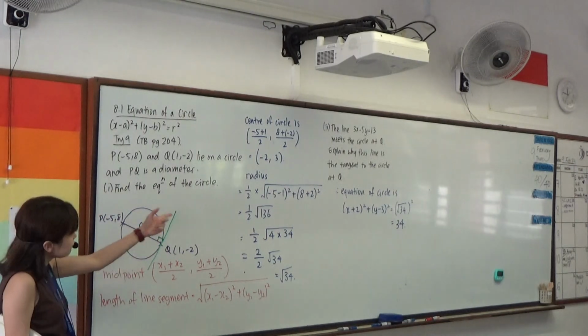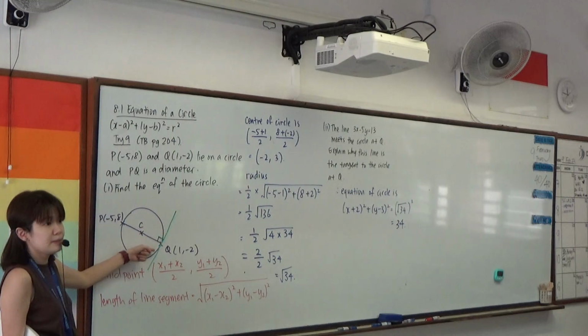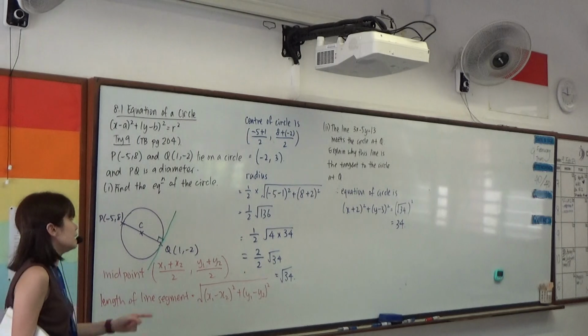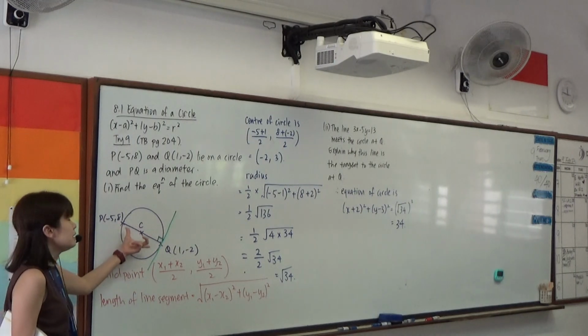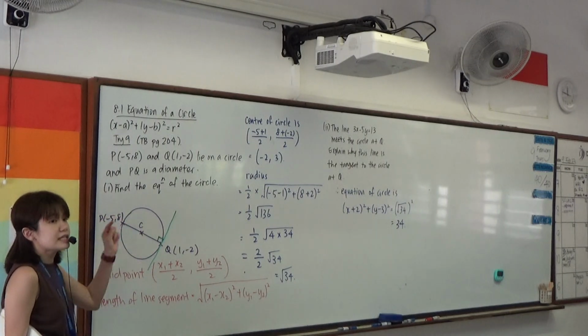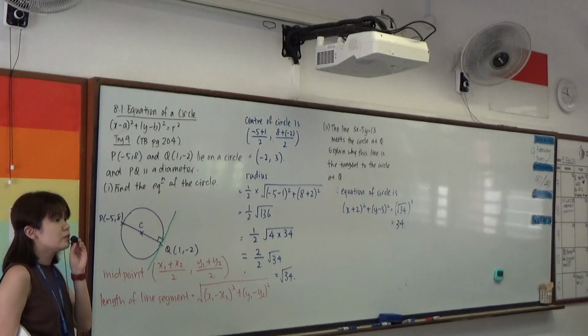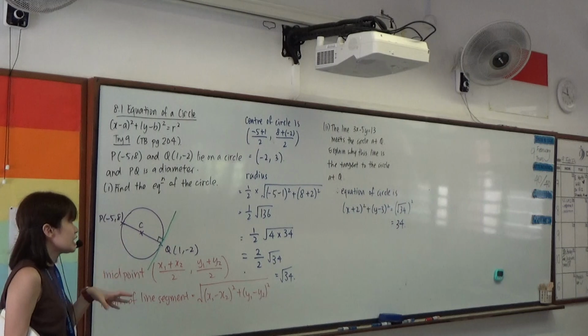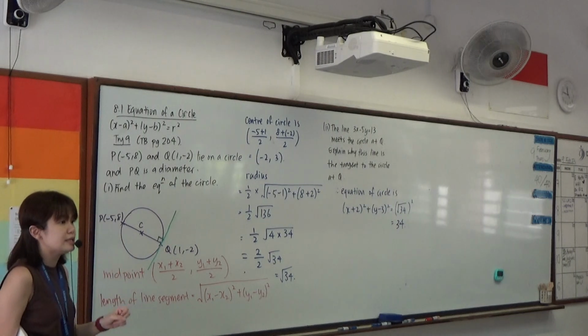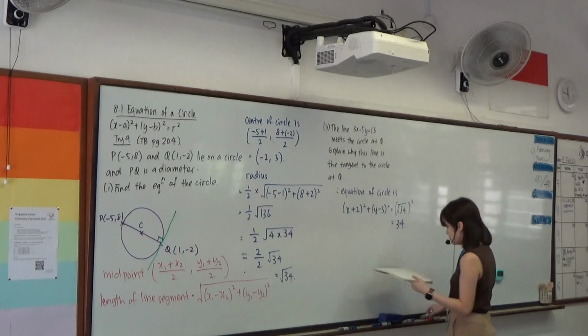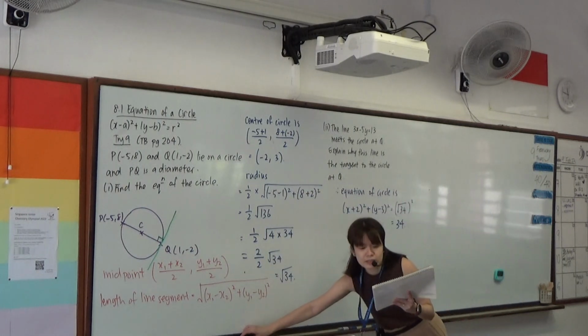So if this line is a tangent, it must satisfy that property of being perpendicular to the radius or the diameter. So we just have to check for perpendicularity. How do we check for perpendicularity? We check that the product of gradients equals -1. So, part 2.